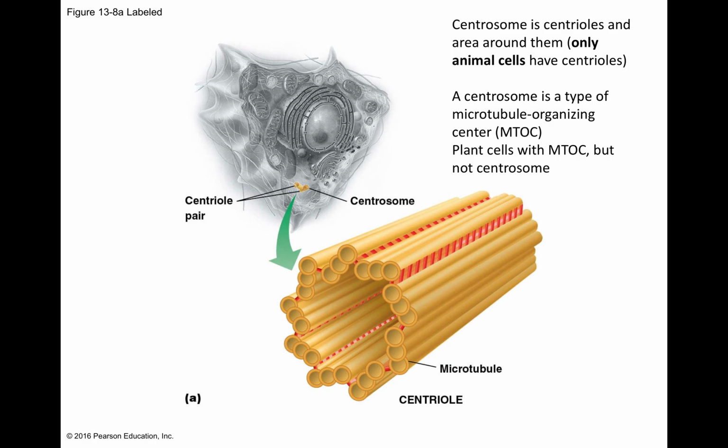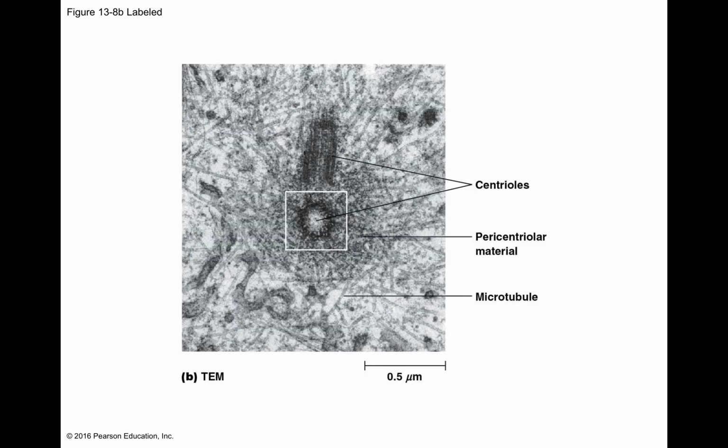And microtubules grow from that area, and that area is a type of microtubule organizing center. Plant cells don't have a centriole or a centrosome. They have a different type of microtubule organizing center. And microtubule organizing center is a general term that applies to anything from which microtubules grow in a certain direction.